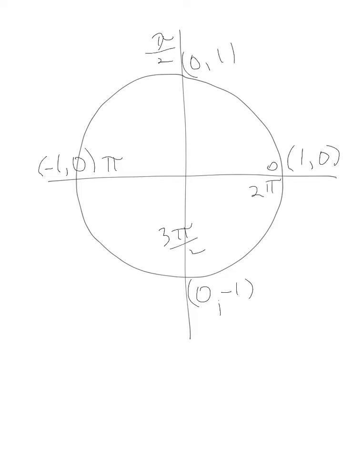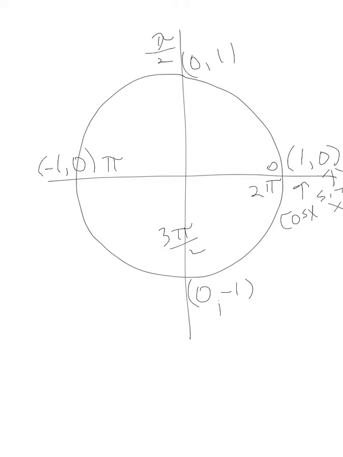All right, so let's talk real quick about what each one of these coordinate values mean. I'm just reviewing real quick. The x values are the cosine values, and the y values are the sine values.